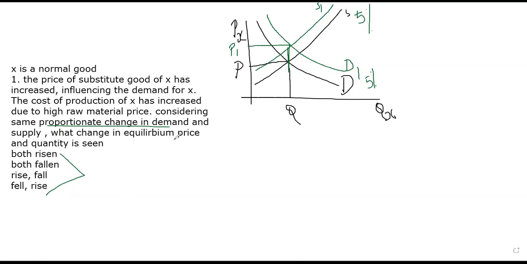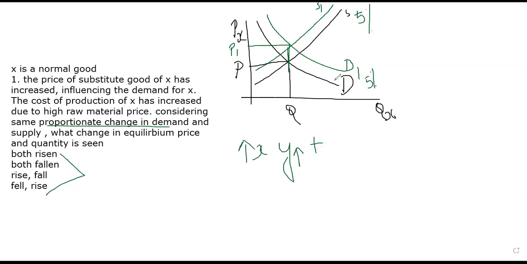See, there are 2 cases here. One is that the substitute good price has increased. What is the relationship between X and Y? In the case of substitute goods, they are positively related. That is, when the price of Y increases, quantity demanded also increases, no?